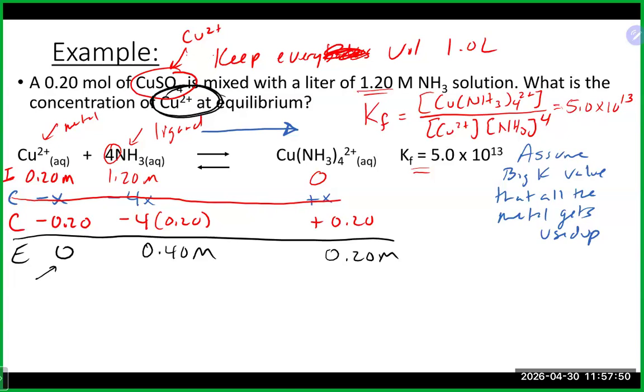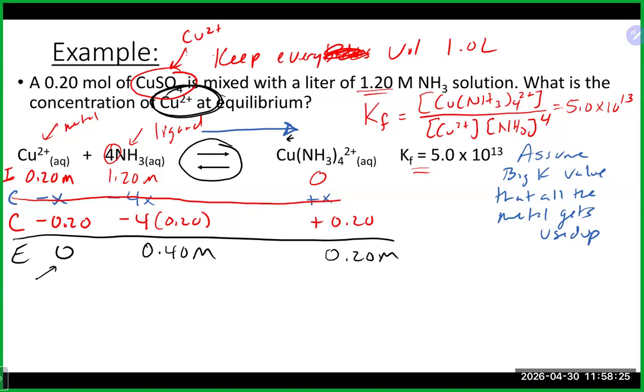So we do make this first assumption that pretty much all the metal should end up in that complex ion. But in reality, this reaction is not a one-way street. It is actually a reversible reaction, which means the second part of the assumption is this: even though we assume almost 100% of it should go to the product side, because this is still a reversible reaction, there should be a smidge of it heading back in the other direction.